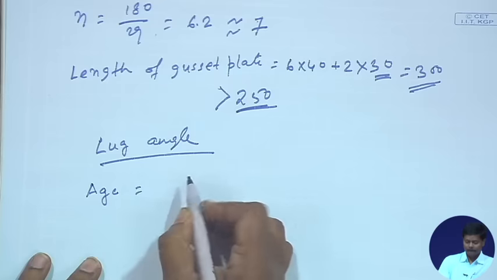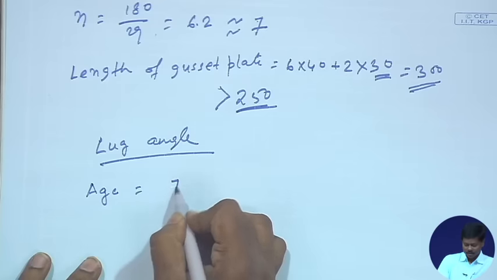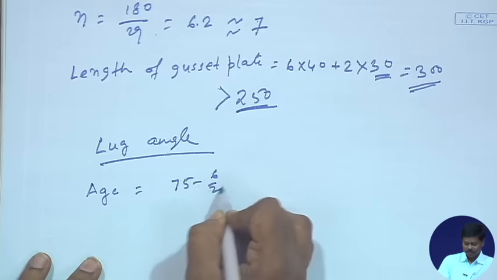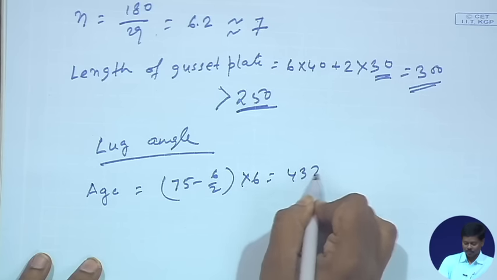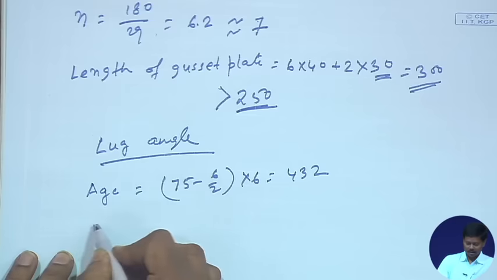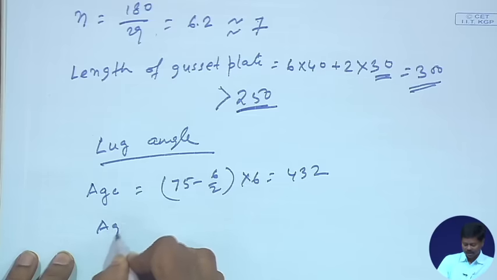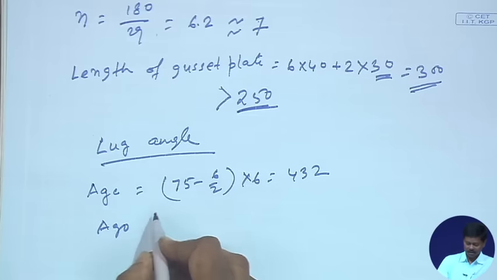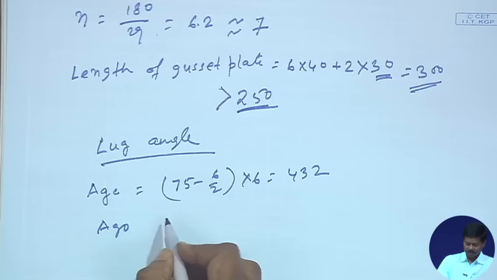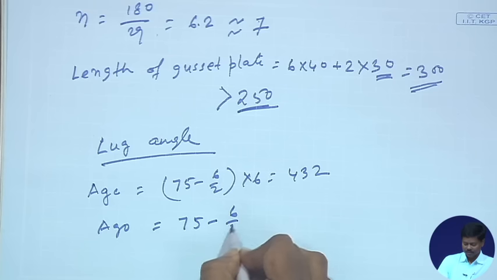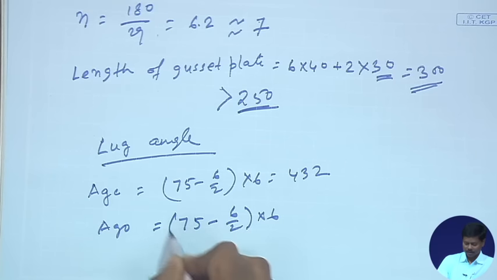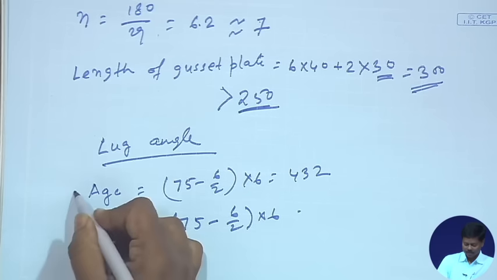So, if we provide lug angle, then gross area of the connected leg will be 75 minus 6 by 2 into 6, 432, and gross area of the outstanding leg of the main angle will be 75 minus 6 by 2 into 6. This is for main angle.